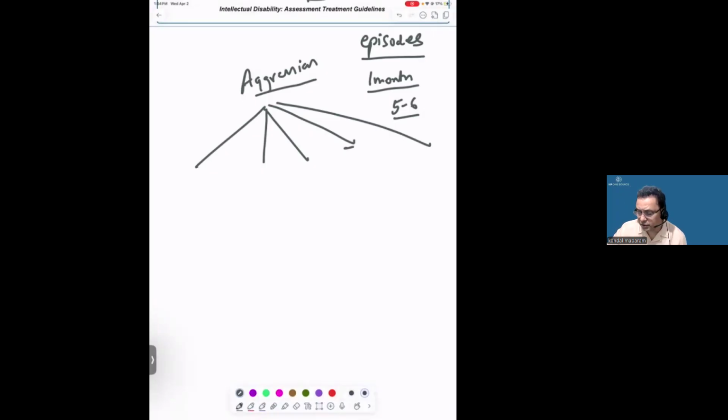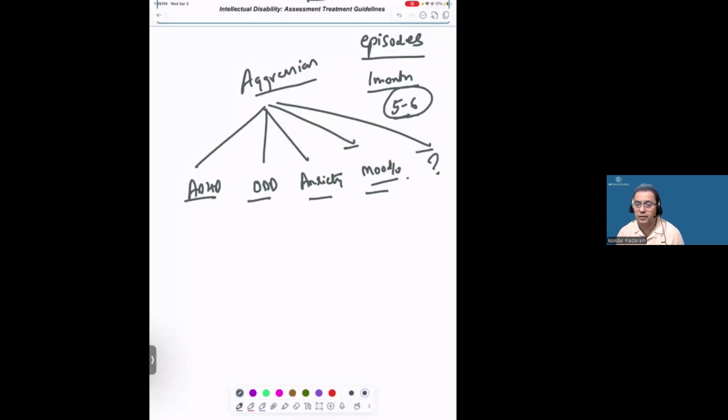Then I try to understand if these episodes seem to be related to ADHD or related to ODD or related to anxiety or mood disorder or any other things. So once I have the sample size of the symptoms history and the events, I try to tease it out to see if the underlying driving cause is any of this.